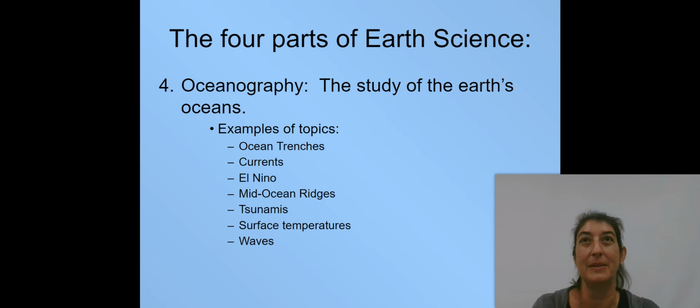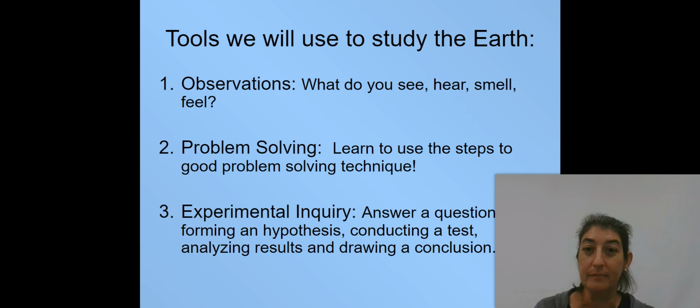So when we talk about hurricanes and we talk about ocean temperatures and how that impacts the weather, talk about tsunamis when we talk about plate tectonics, we talk about waves and wind and all of those things when we talk about the coastal processes and erosion that happen along the coast in geology. So we tend to take the oceanography and kind of work it into the other topics that we're talking about throughout the year.